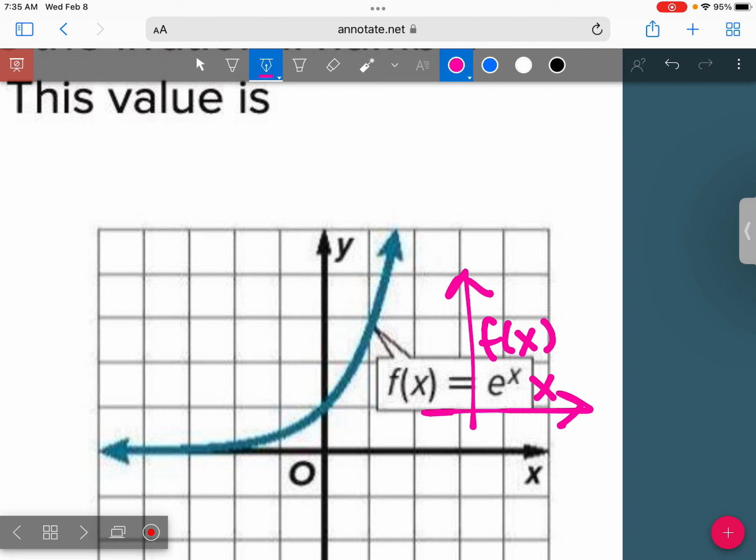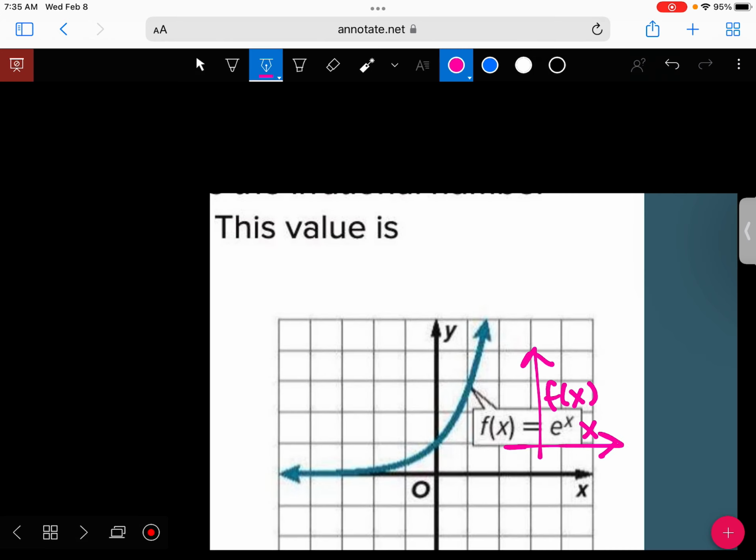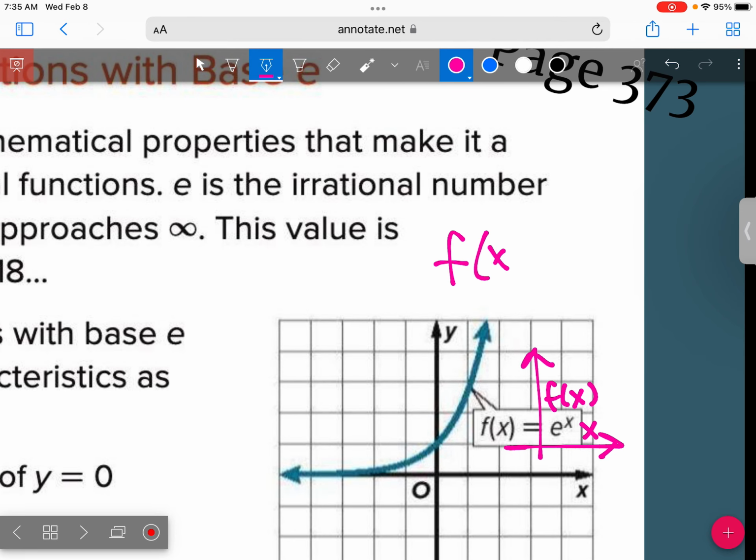And just like with our parent functions and our exponential growth functions, our y-intercept, if you notice with our parent functions, which was anything that looked like this, just a number to the x power, right? They all had a y-intercept of 0, 1. Because any number raised to 0 power is what? 1. Yes.